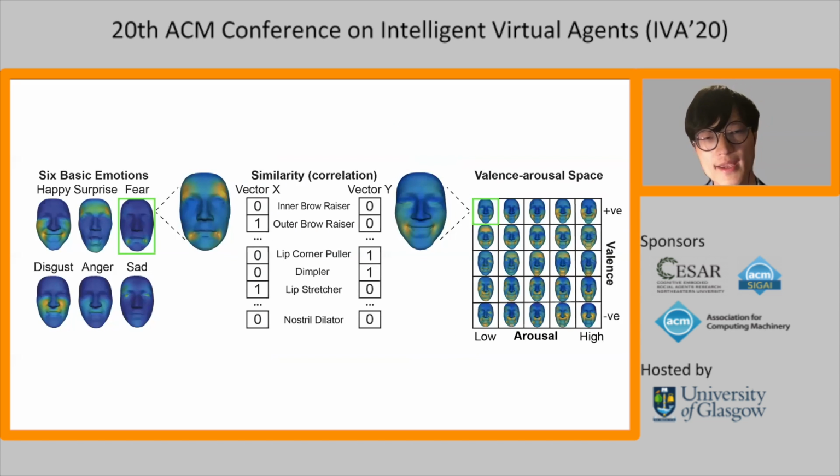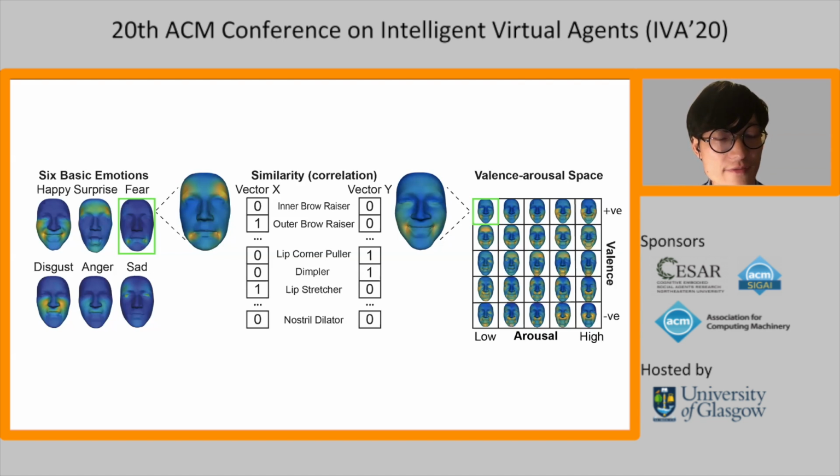Firstly, we map the expressions of the basic 6 emotions onto this valence arousal space. Mathematically, we code each of the expressions into a 42 times 1 binary vector, as in the middle panel. In the vector, the 1 and 0 show whether the action unit is present in this expression model.